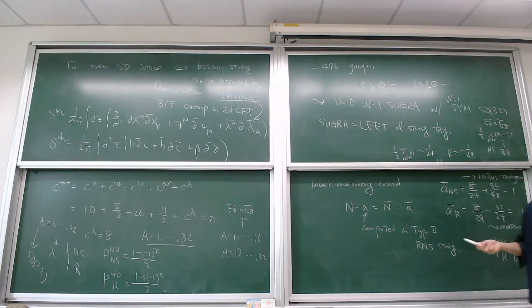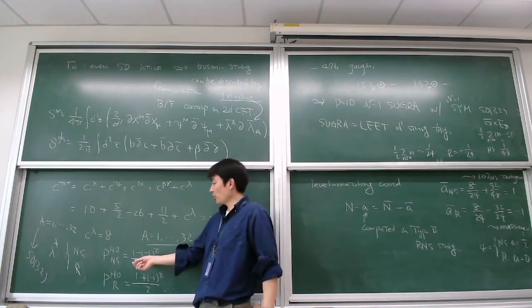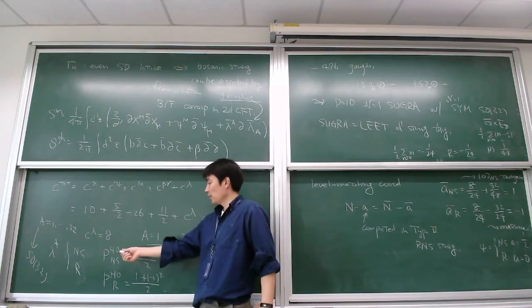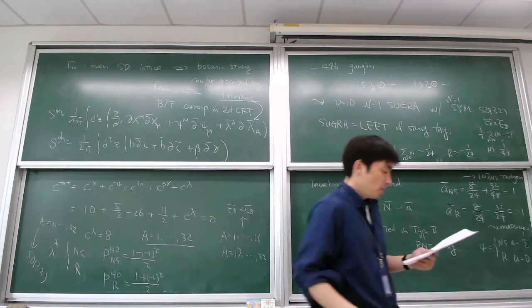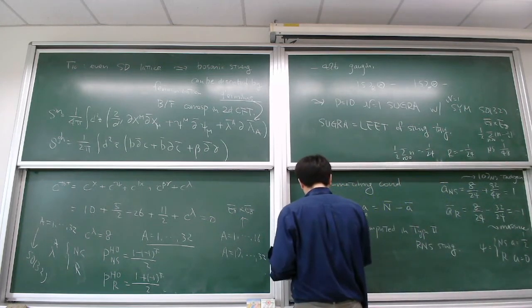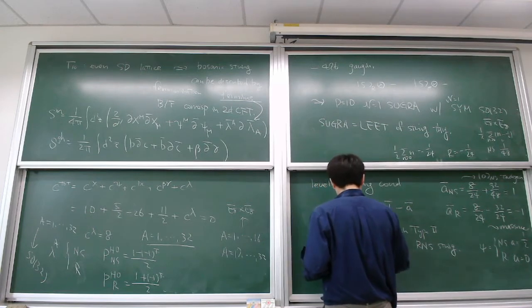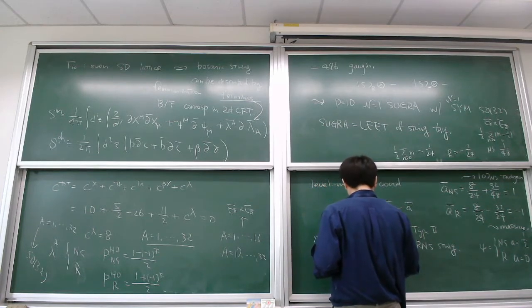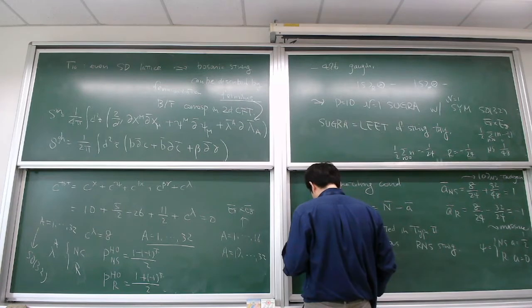So therefore, if you use the GSO projection for heterotic, the bosonic vacuum is projected out. And so therefore, after GSO projection, massless mode, left mover, -1. Oh my goodness, I should.